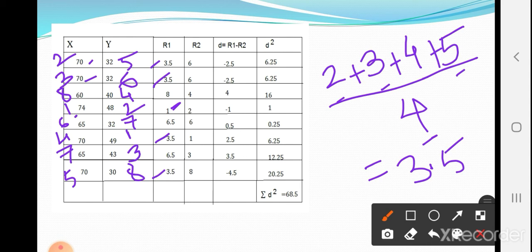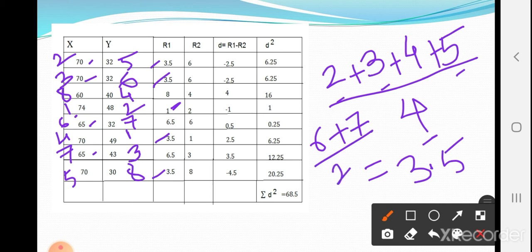Now the next is 65. 65 is repeated 2 times. So what is the preference for the value 65? 6 and 7. So 6 plus 7 divided by 2, because 65 is repeated 2 times.